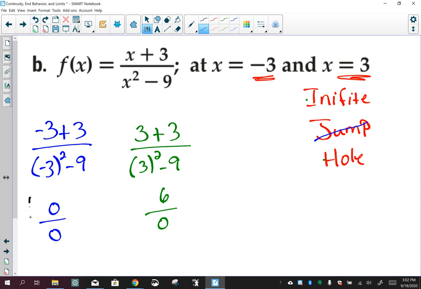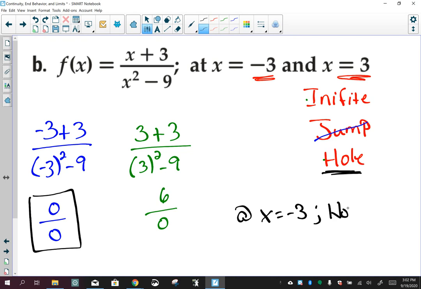Anytime you get 0 over 0, you have a hole. So if you go through this and you plug in and you get 0 over 0, you have a hole. So at x equals -3, you have a hole or a removable discontinuity.